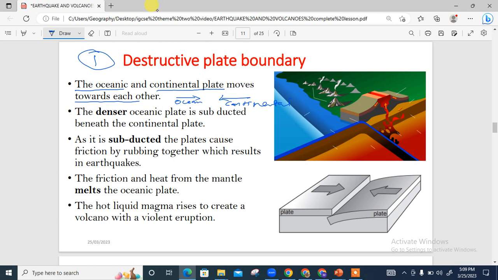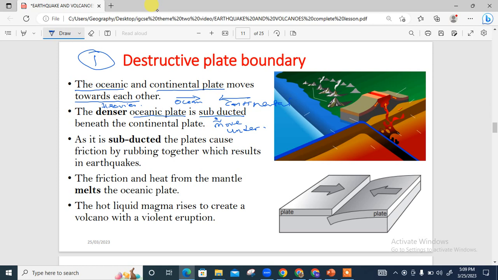Remember I told you earlier that the oceanic plate is heavier, so it is denser. If you can't remember the word denser, remember heavier. That will give you a mark. So the heavier or denser oceanic plate is subducted. Subducted means it moves under, beneath the continental plate.